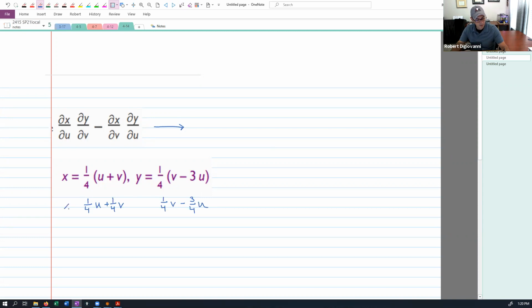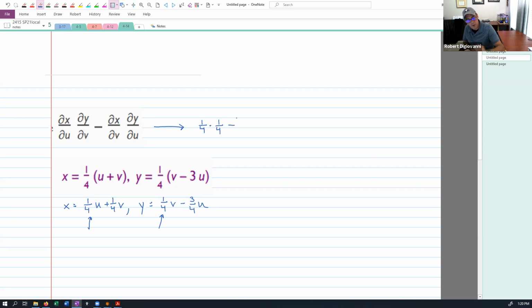So this is what x is. This is what y is. So the partial of x with respect to u would just be 1/4, right? Just the constant in front of u right here. So this is 1/4 times the partial of y with respect to v, which is again 1/4. That's just the constant in front of the v there.